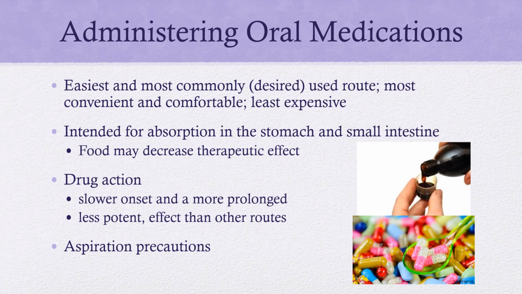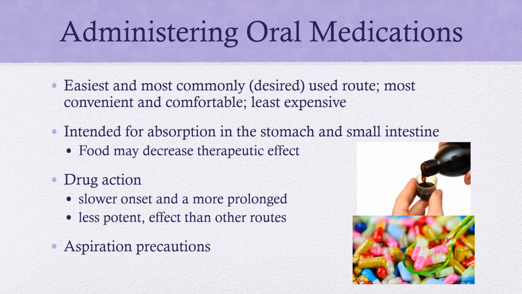If we are administering our oral medications, these are our tablets, capsules, liquids, suspensions, elixirs, lozenges, right? Anything that can go in our mouth. Remember, oral medications are a slower onset, less potent than other routes. So there is a barrier for absorption.